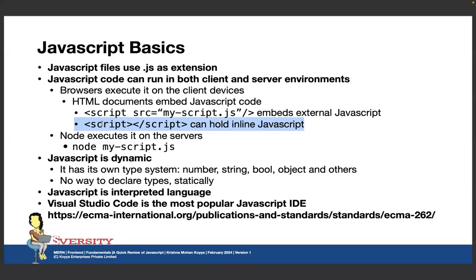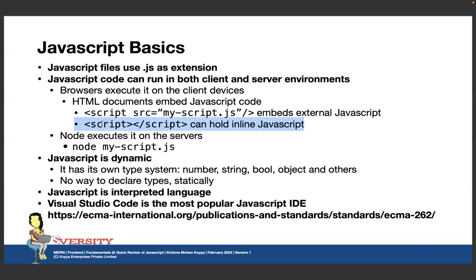Instead, the JavaScript interpreter or its corresponding JIT compilers themselves detect the type of a particular variable at runtime. That's why we call it a dynamic language. It doesn't mean that JavaScript does not have types. It has types like numbers, strings, bools, objects, and others, but you need not declare them. You don't have a way to declare them, to put it clearly.